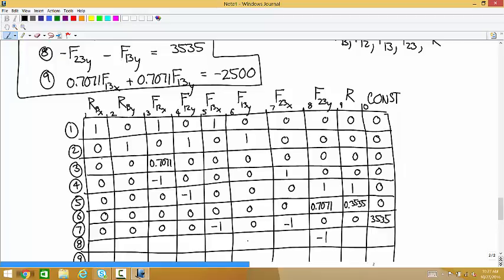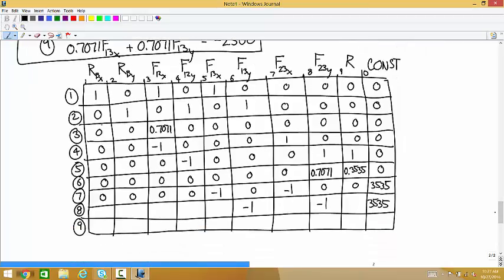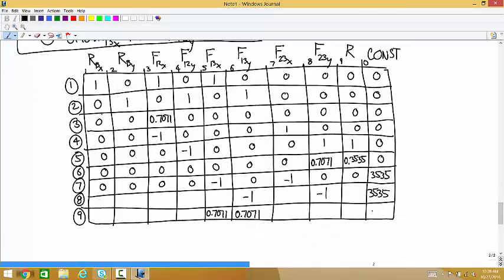F13y, we have -1. And the constant is 3535. And then equation 9, F13x, we have 0.7071. F13y, we have 0.7071. And the constant is -2500.